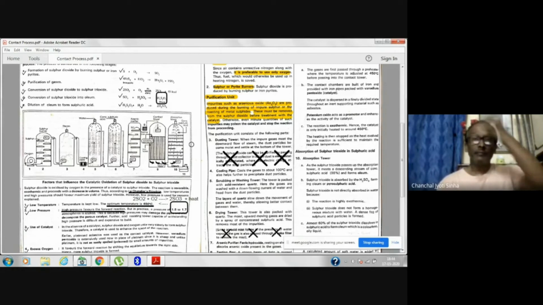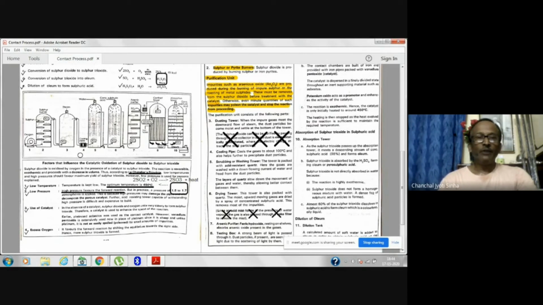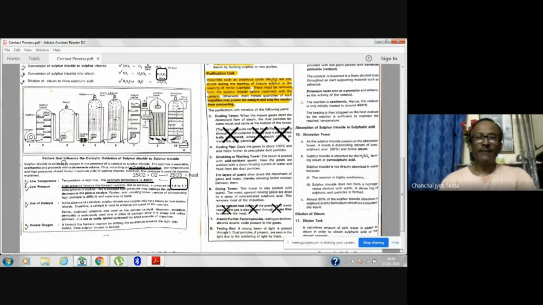Otherwise, what may happen? Impurities, if present, may poison the catalyst and stop the reaction from proceeding. The catalyst that is used in the contact tower. Now, in the purification unit, there are a few chambers.